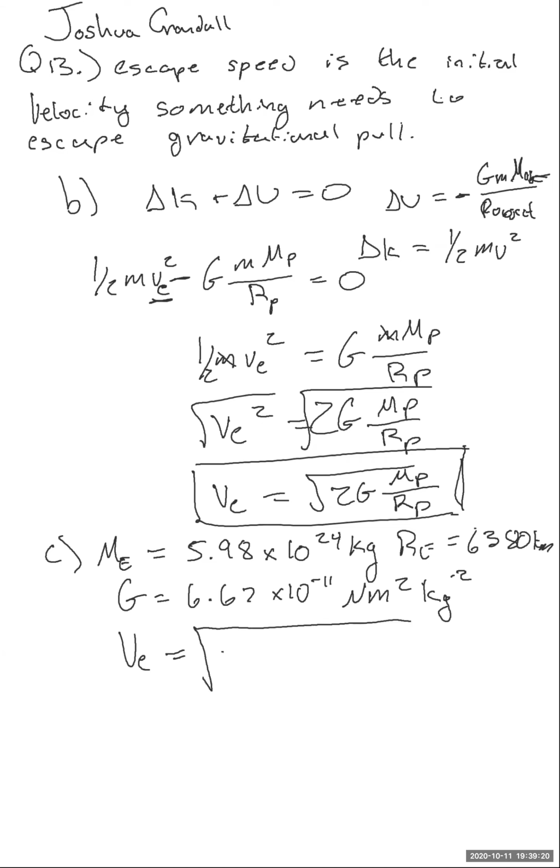So we get 2 times 6.67 times 10 to the negative 11th Newton meters squared, all times MP, which is 5.98 times 10 to the 24th kilograms, all over RE, which is 6,380 kilometers.